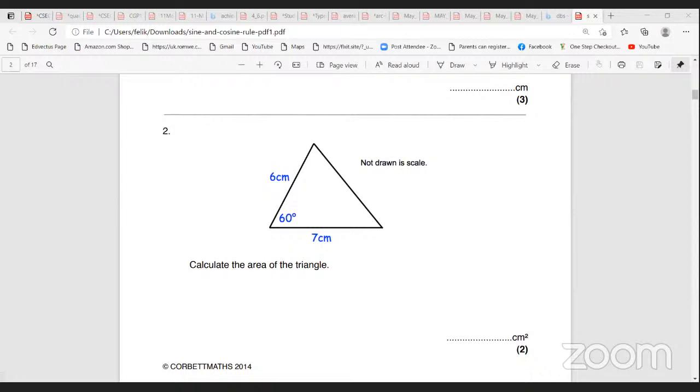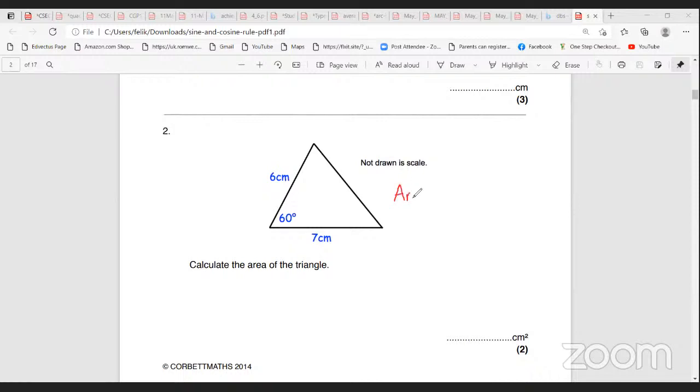Anybody know the formula? No. All right, so the formula is half AB sine C. You can write this down in your book. To find the area of a non-right angle triangle, we use this formula.